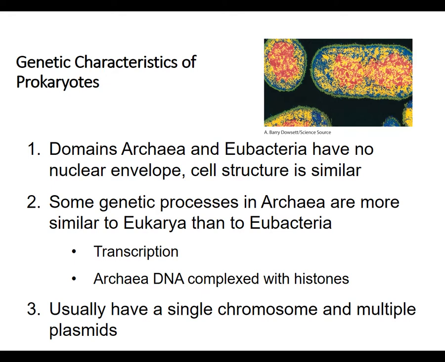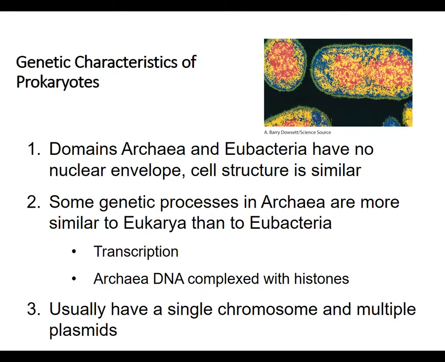Two of the things, in very general terms: some of the details of transcription are more similar between the archaeans and the eukaryotes. And the archaean DNA is wound up with proteins called histones, which eukaryotic DNA is also wound up with. So that's kind of interesting.